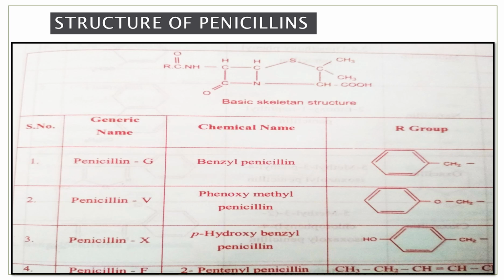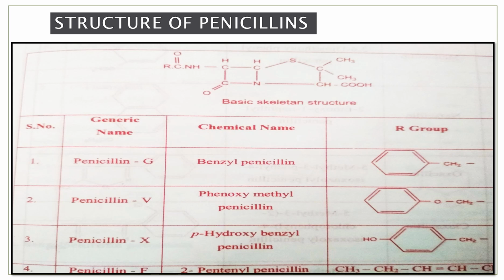Then third one is penicillin X. What is the chemical name? Para-hydroxybenzyl penicillin. So the hydroxyl group is present at the para position of benzyl penicillin. Fourth one is penicillin F. Chemical name is 2-pentenyl penicillin.